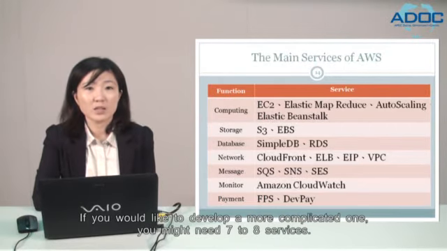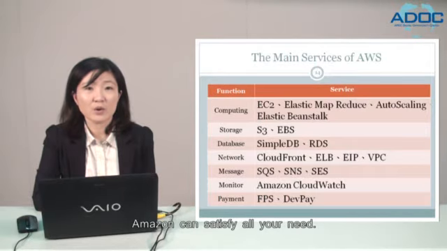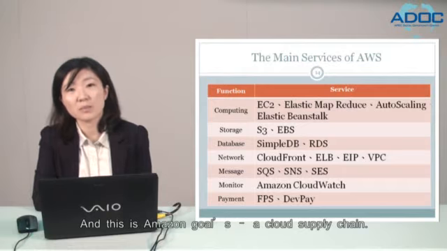If you would like to develop a more complicated one, you might need 7 to 8 services. But no matter simple or complicated web services, Amazon can satisfy all your needs, and this is Amazon's goal, a cloud supply chain.